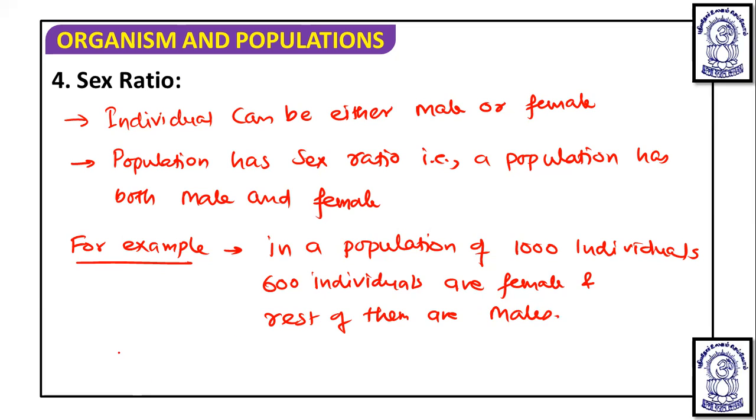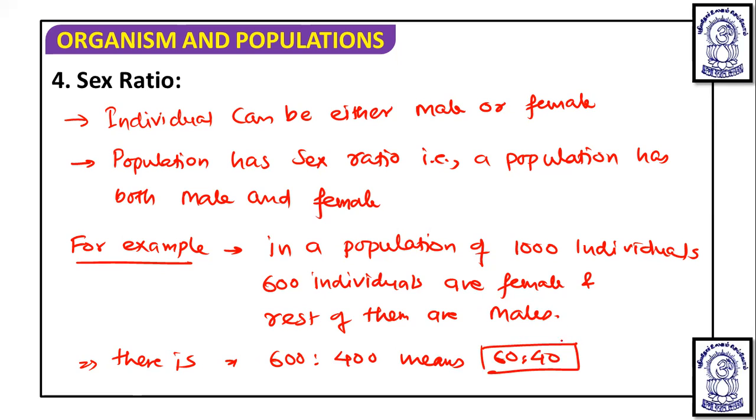Then there is 600 to 400, means 60 to 40 sex ratio of female to male is seen. Okay, in such a way the sex ratio, that is the presence of number of females with respect to the males in a population, can be described by this sex ratio.